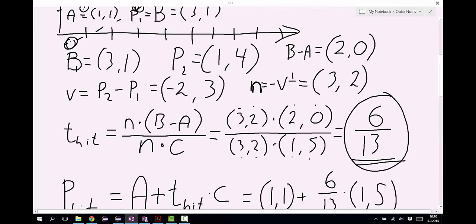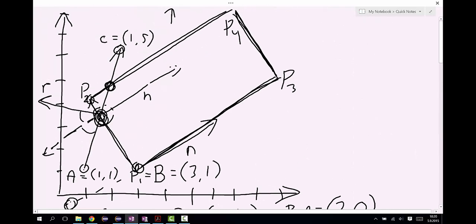So let's look at how that looks on our image. Minus 5, 1. We have 1, 5. And minus 5, 1. Yeah, that's more or less. Minus 5 in this direction, we don't have room for that.